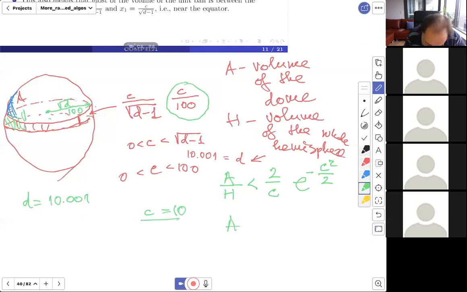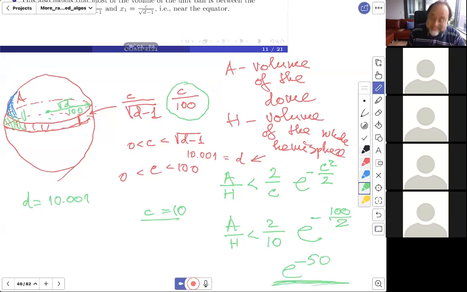Then A over H will be smaller than 2 over 10 times e to the minus 100 divided by 2, which is e to the minus 50. E to the minus 50 is nothing, right? It's just amazingly small, because C is squared.